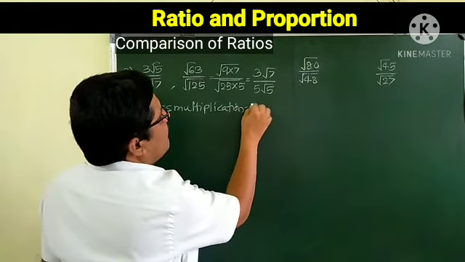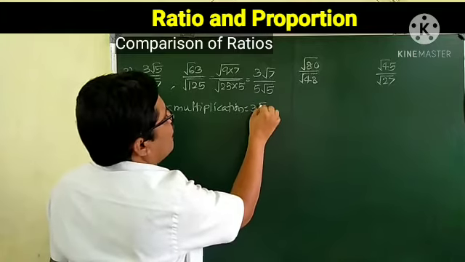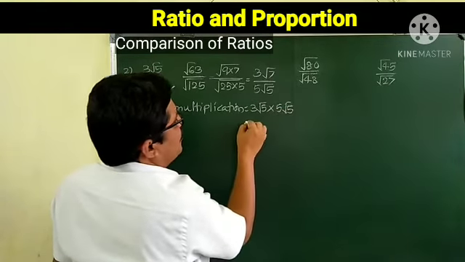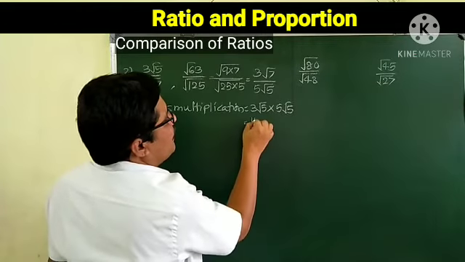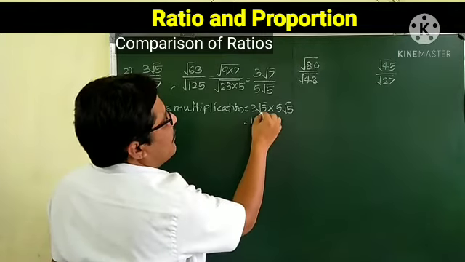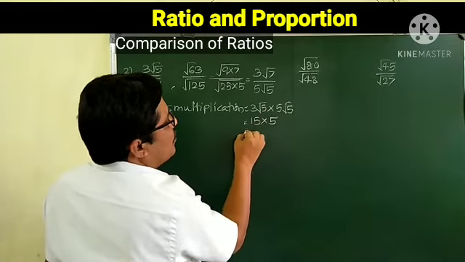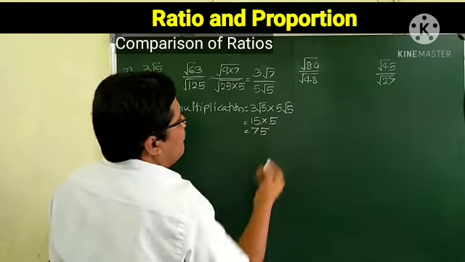That is multiplication of 3 root 5 multiplied by 5 root 5. 3 into 5 is 15 multiplied by square root of 5 multiplied by square root of 5 is 5, that is 75.